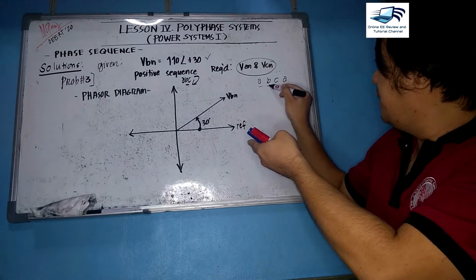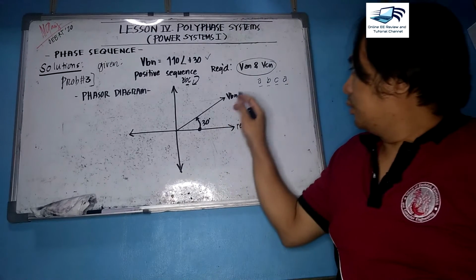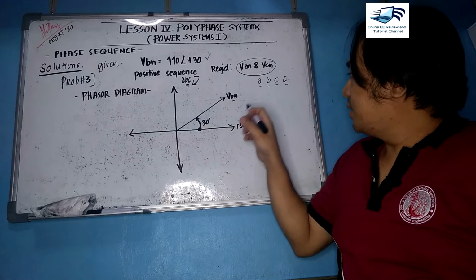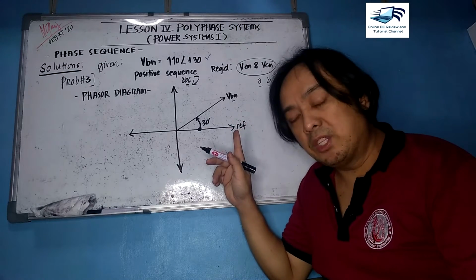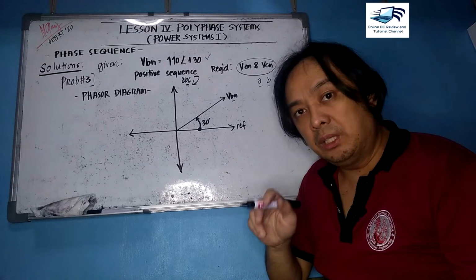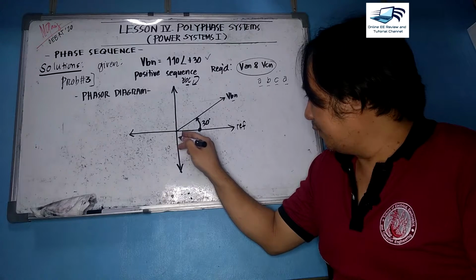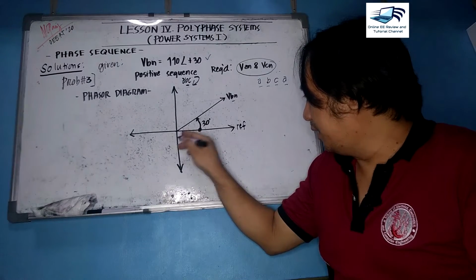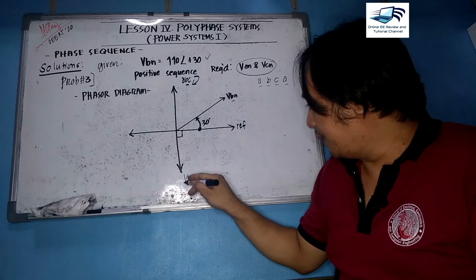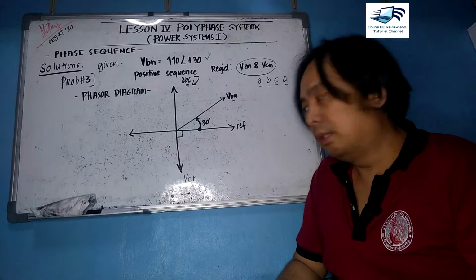So you have A, B, C, and then A. Since you have only 3 vectors, the next letter after B in a clockwise direction is C. And please take note, this is a balanced system, so they must be 120 degrees apart. So if this is 30, you add 90 degrees, this right angle here, and then 90 plus 30 is 120. So you expect the VCN vector here.